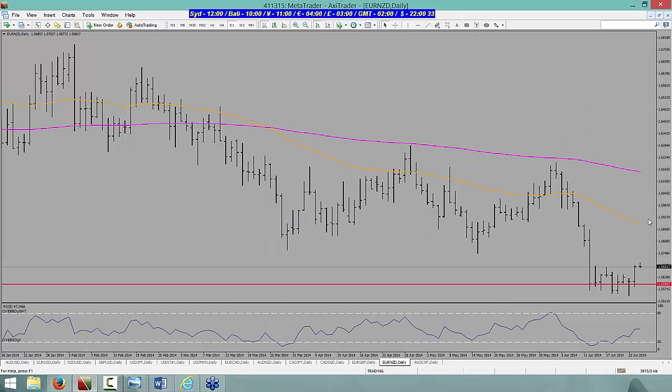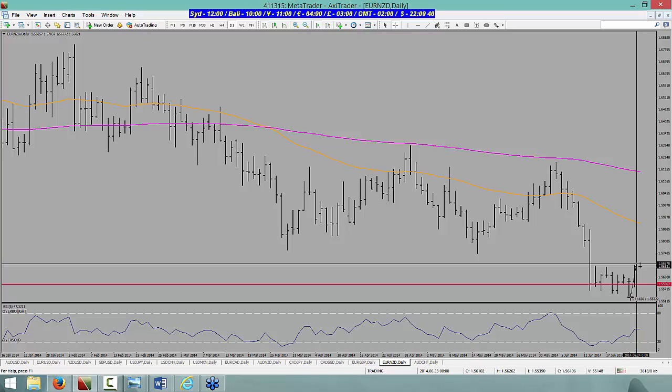Yeah, so you can see that the risk is about 120, 180 pips, somewhere around there, 170. But you're looking at a 200 target, so about 1.5, roughly. Maybe just under 1.5. But everything's there for you.